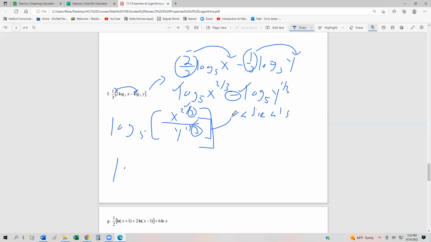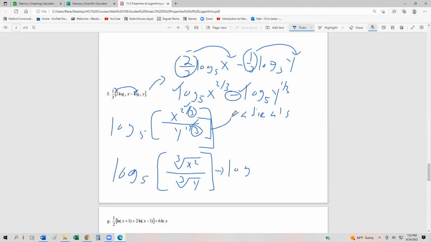So I can write this expression as log base 5 of the third root of x squared divided by the third root of y. And because they both have the same radical, the 1/3, we could put that under the same radical expression.